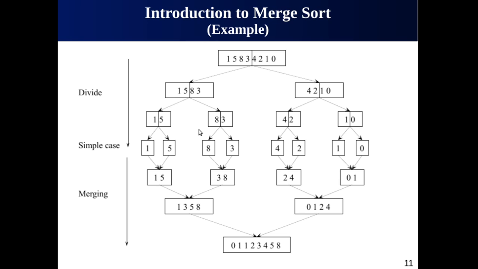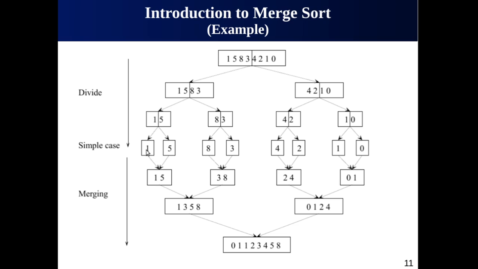Now it's time to conquer and combine the solutions. As I mentioned, some authors combine the conquer and merge steps into one step. Here we are going to merge the solutions of the subproblems to form the solution to the main problem.